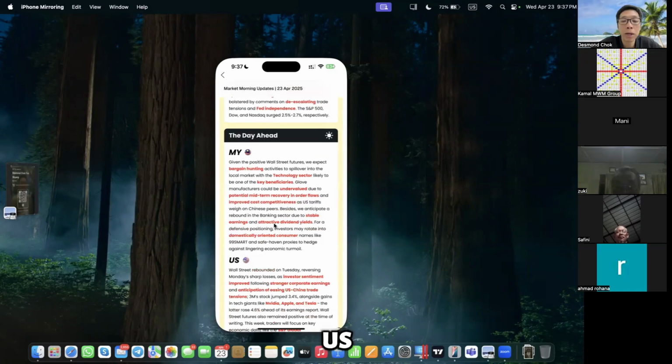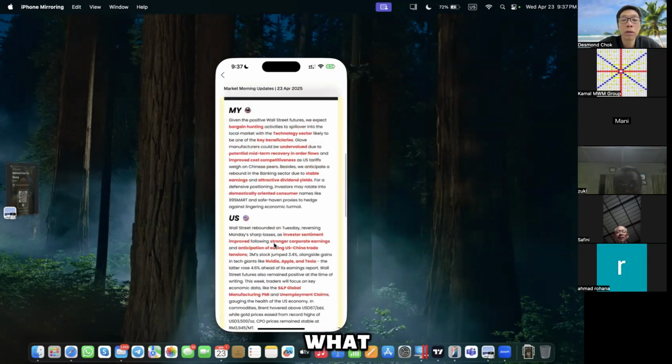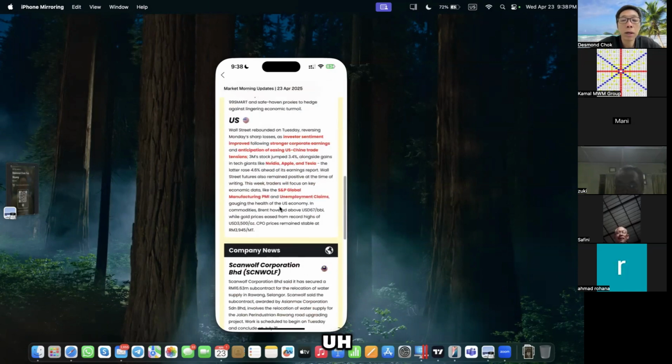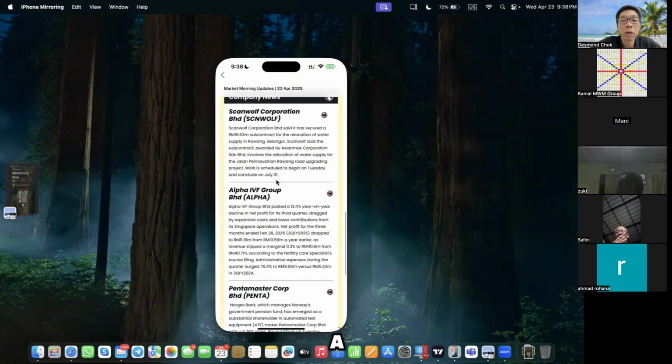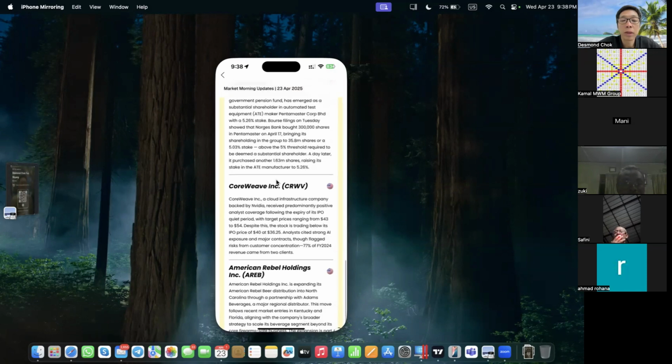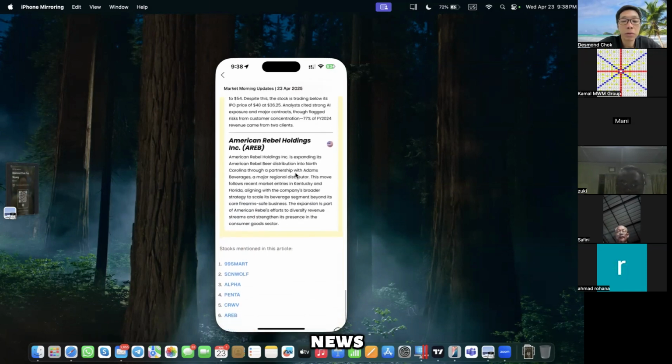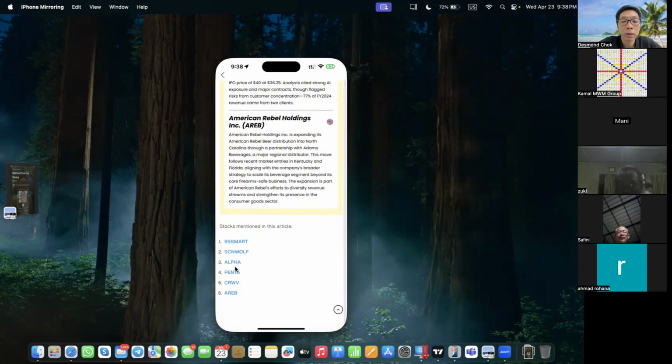For Malaysia and US, we can read through what sectors and things we can focus on, and then company news. This one is more on the corporate events. So this is a summary on this part.